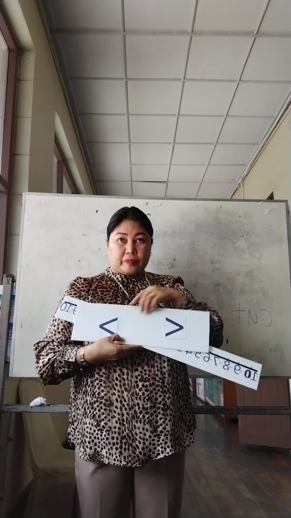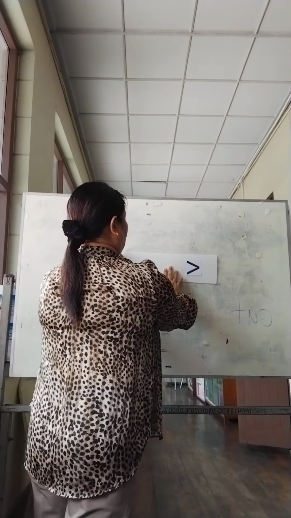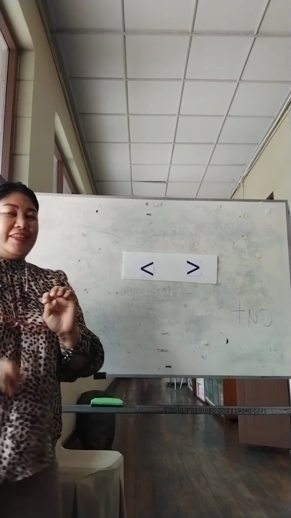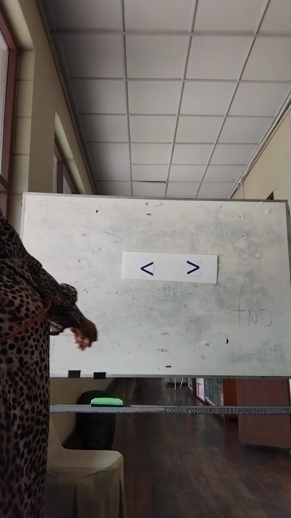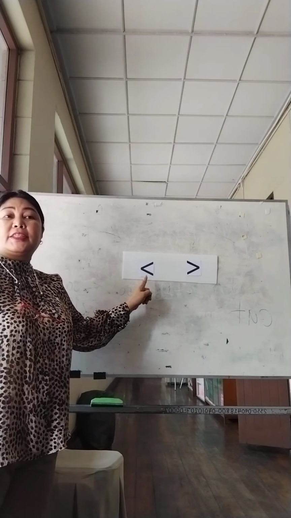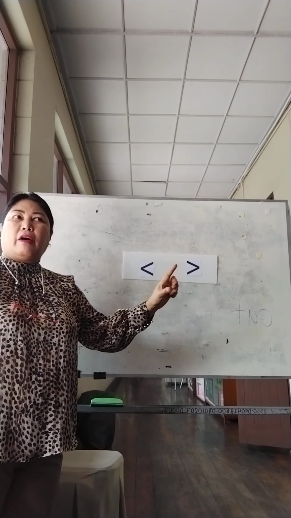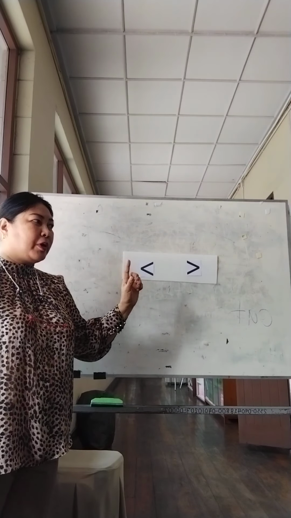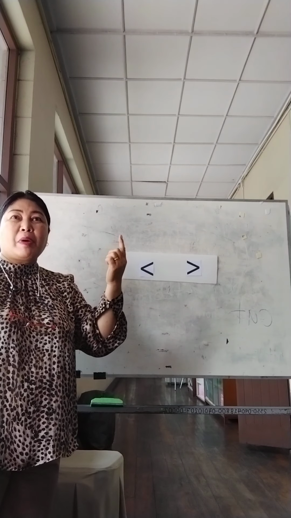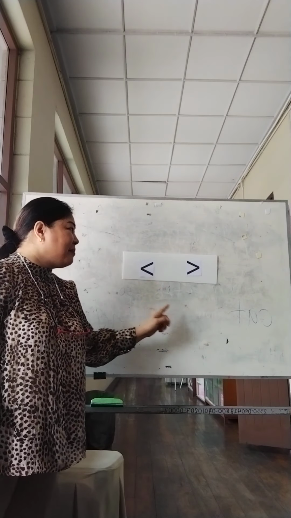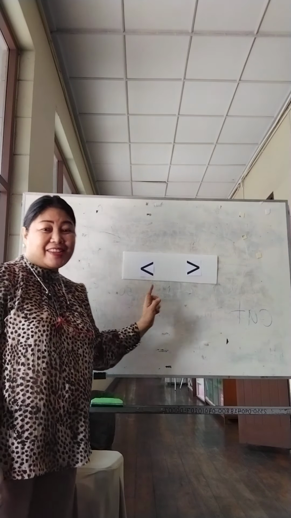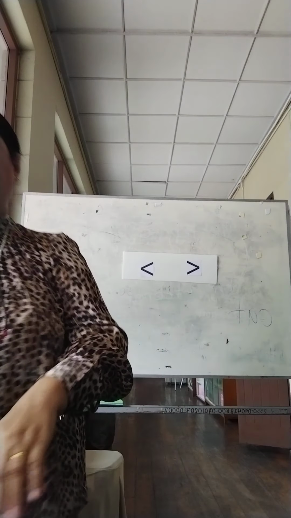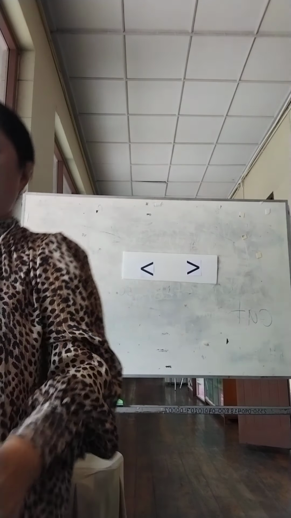You can stick it on the board. This one, if letter L, it is smaller. And this one is greater. So, if you forget, you have to remember one of them. If letter L, it is smaller. Put in your mind, letter L is smaller. So, always like that.